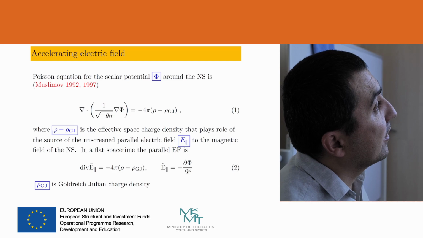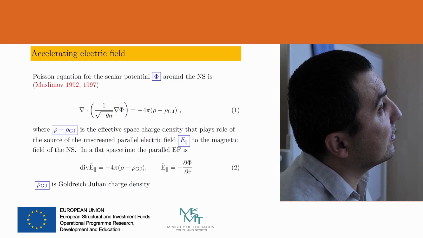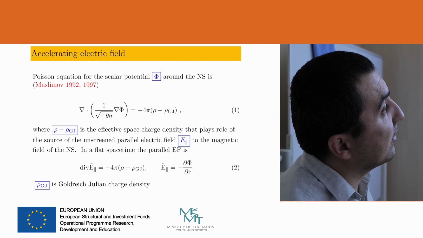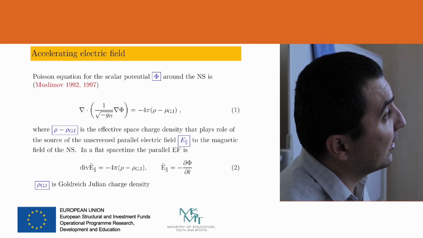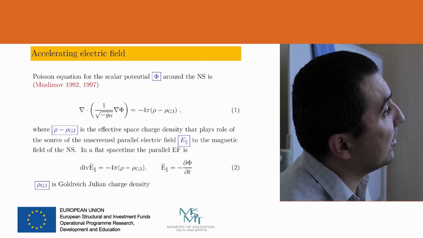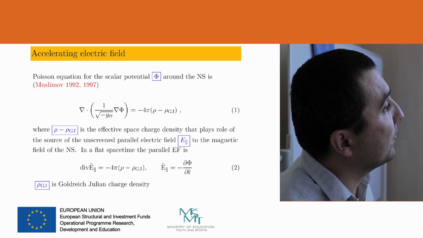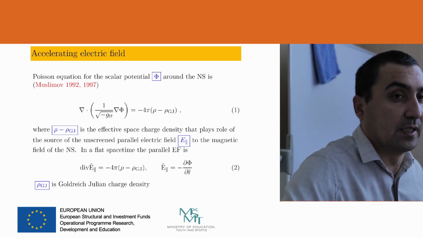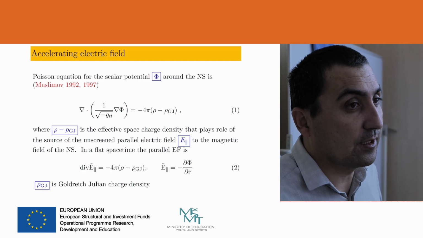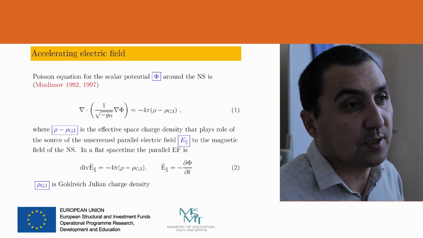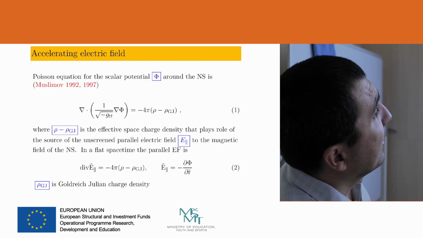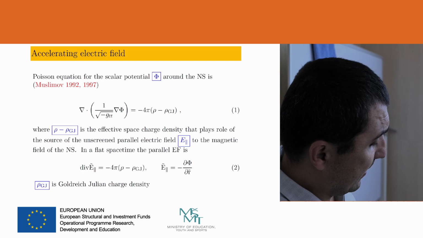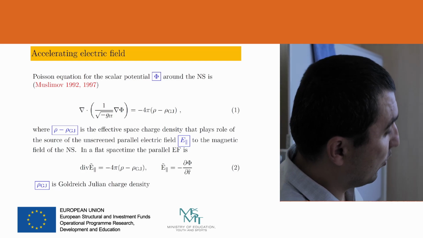So here this is the specific effective charge density, and this is the Goldreich-Julian charge density, which is the source of induced electric field purely, not including the space charge.